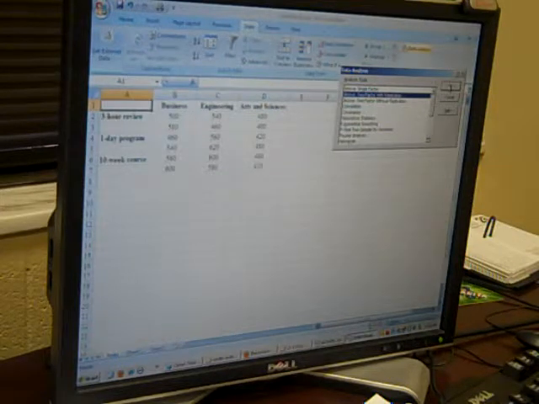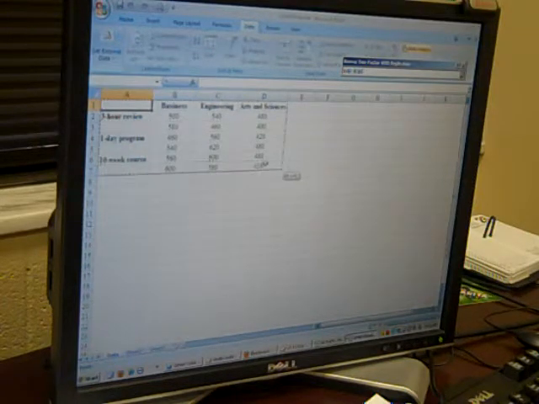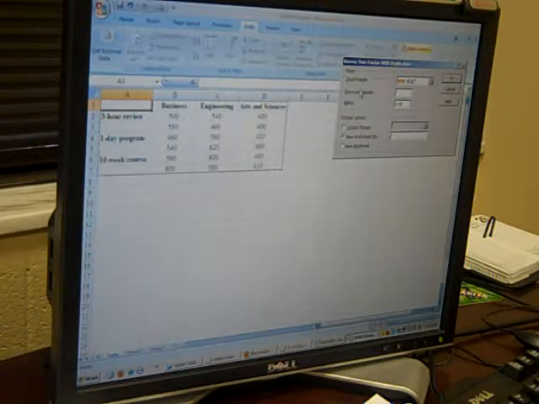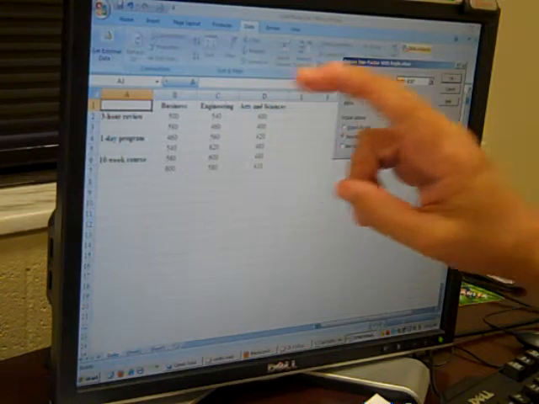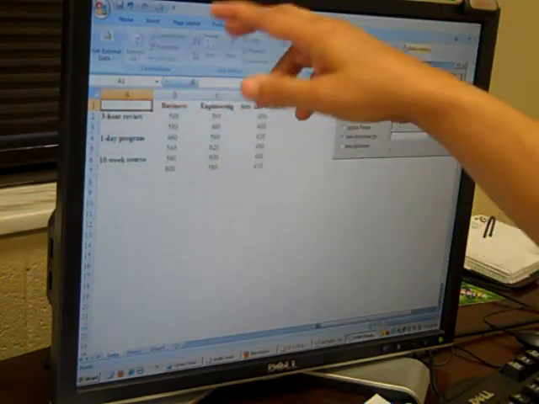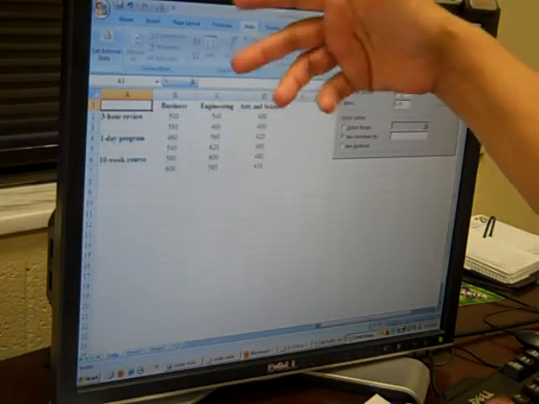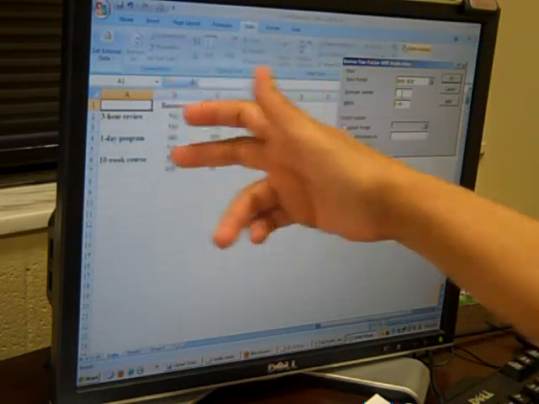Okay, and that's it. Hit OK, and the input range again is going to be the whole thing. Okay, how many rows per sample do we have? We have 2, because we only have 2 people from each one of the colleges and programs.